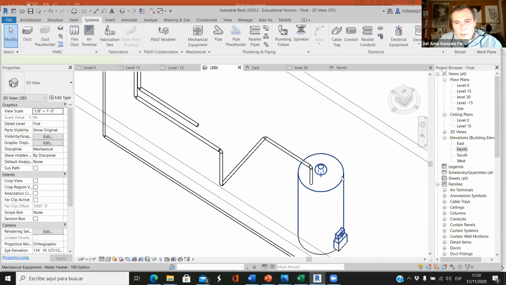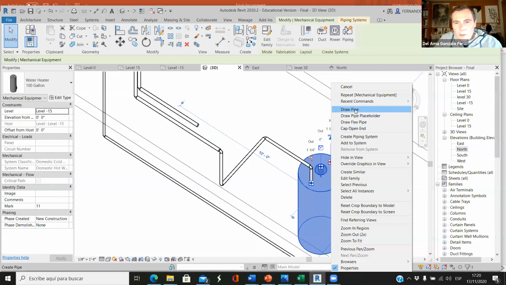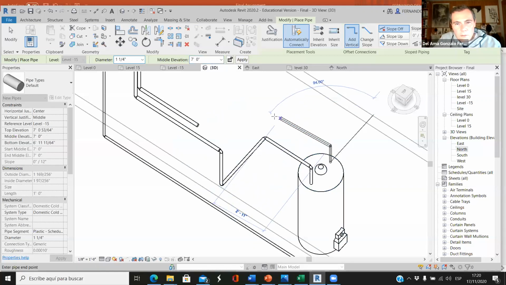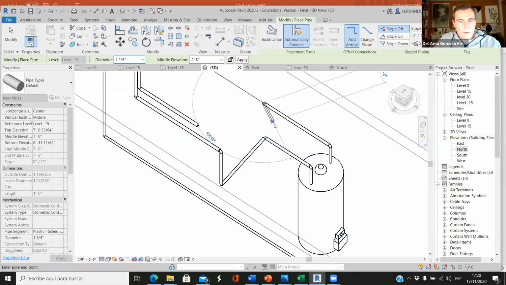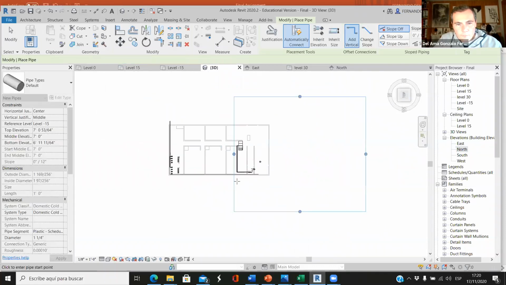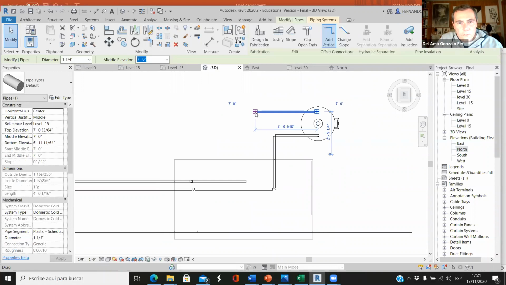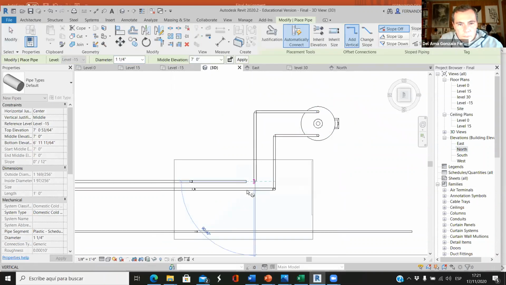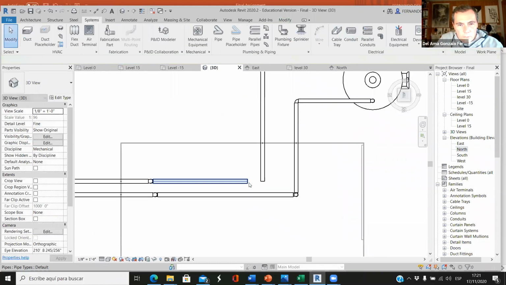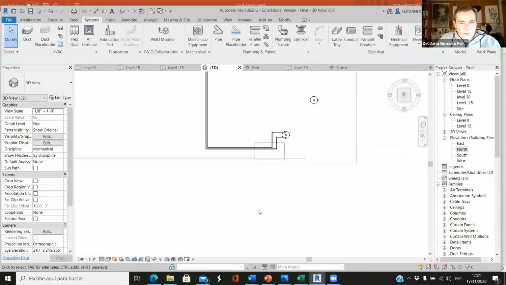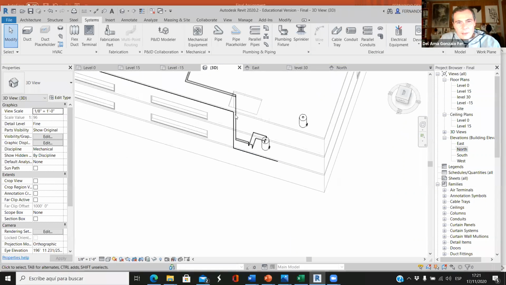And now we have to connect this inlet, draw pipe, change the elevation 5, 6, 7, to this direction, and then from the top view, there you go.